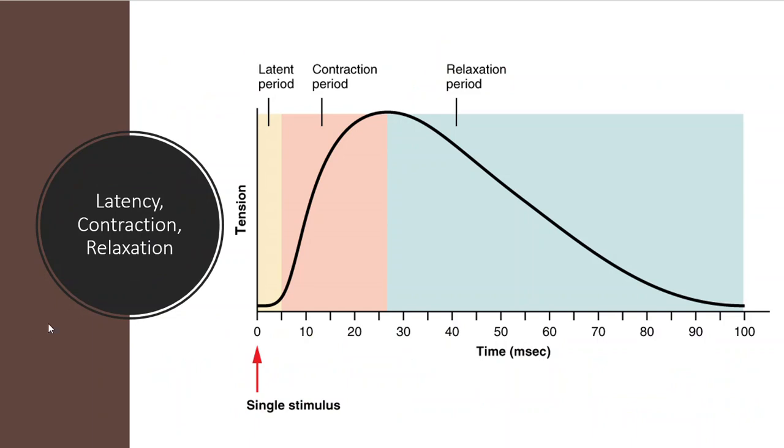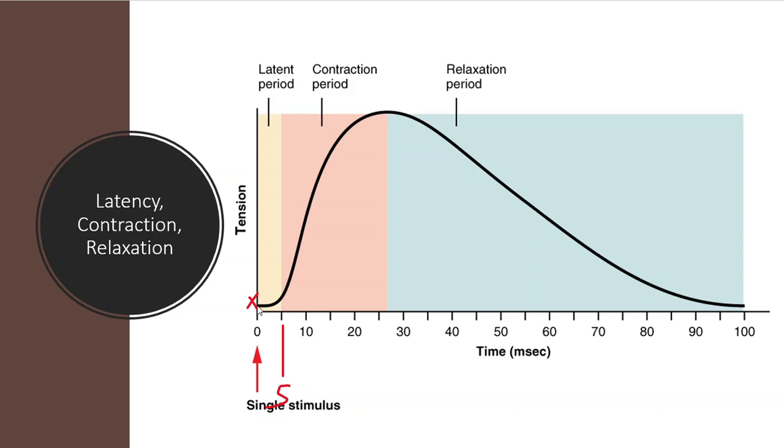Okay, latency, contraction, and relaxation. So the neuron fires and releases it, but I don't actually get a contraction instantly. That's like 5 milliseconds there, guys. Why don't I?